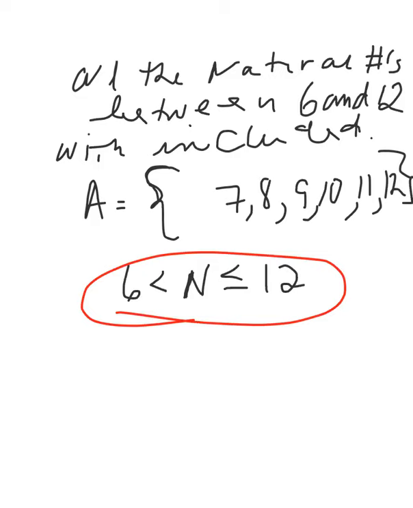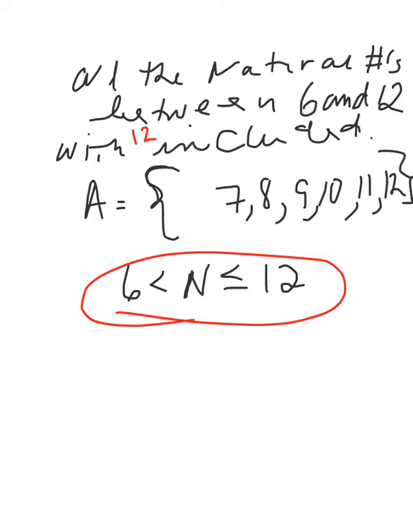And when I write out the set of numbers between 6 and 12 with the 12 included, this is what the set would look like. Now, let's take it a step further.